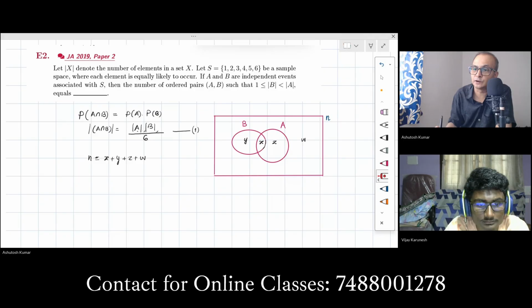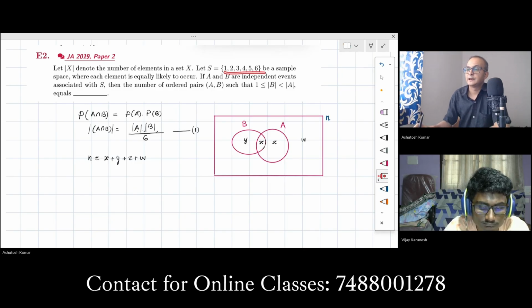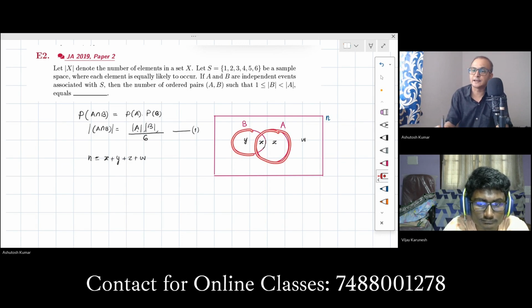When you take A equal to 3 and B equal to 2, it is not like only one possible A and B can be there. It can be many such cases, because we have the elements 1, 2, 3, 4, 5, 6. How do we know that A is taking 1, 2, 3 and B is taking 4, 5?